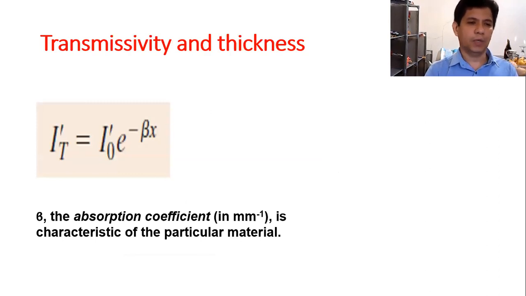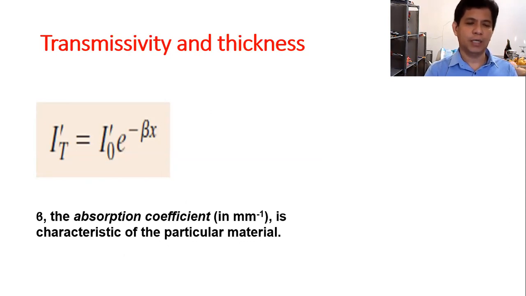Okay? And then we have this equation regarding transmissivity and thickness. I sub T, the intensity of light transmitted, is equal to the original intensity of light times e raised to negative beta times x. X is your thickness, and beta is the absorption coefficient.